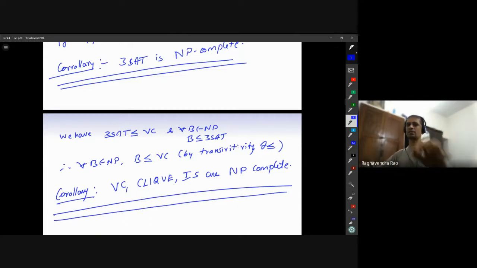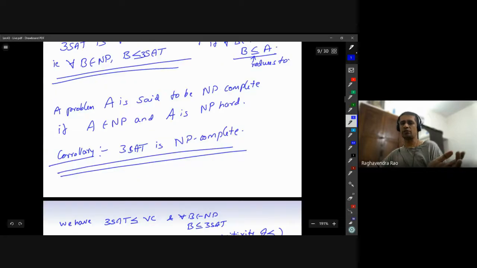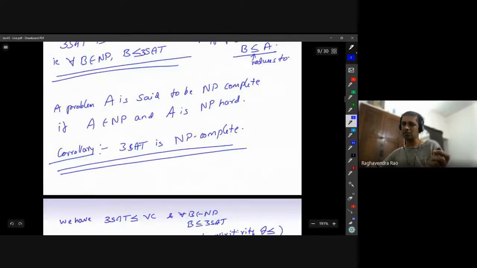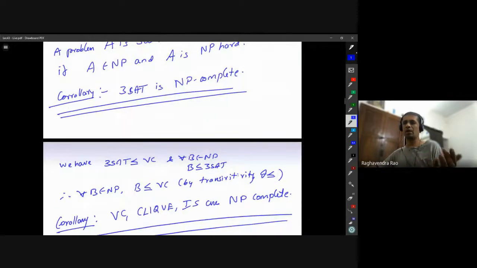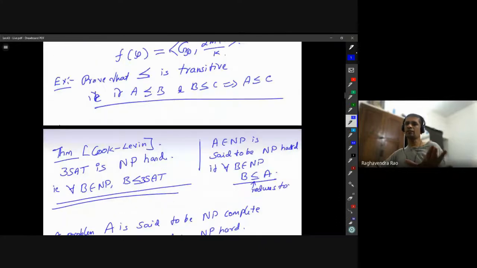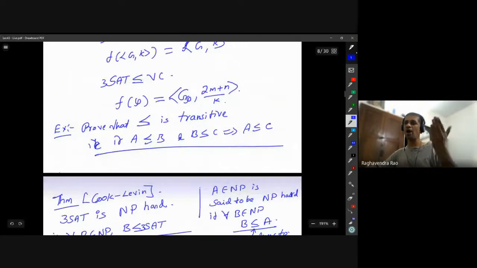So that is the property of these four problems. In fact, SAT is also NP complete when you don't have the limitation of 3 on the clause size, that is, the number of literals in every clause. So all these four problems are kind of hard for NP.